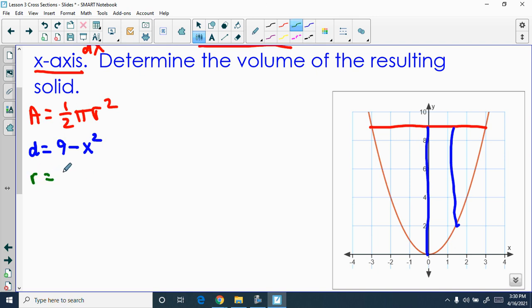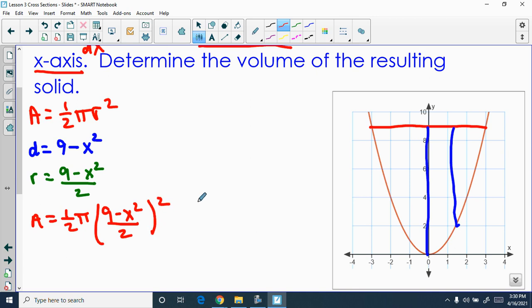So to get the radius, we just take our diameter and divide it by 2. So now that I've got the piece that I need, I'm going to plug it into the area formula. So area is equal to 1/2 times pi times (9 minus x squared over 2) squared. I've got my area formula.